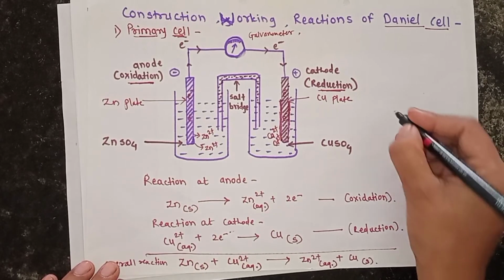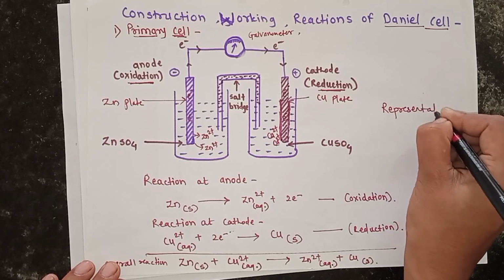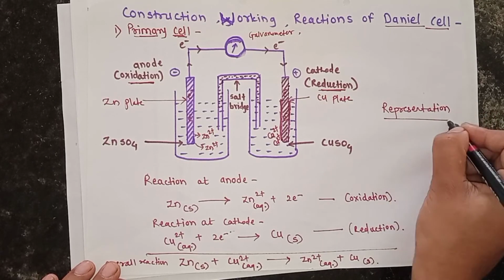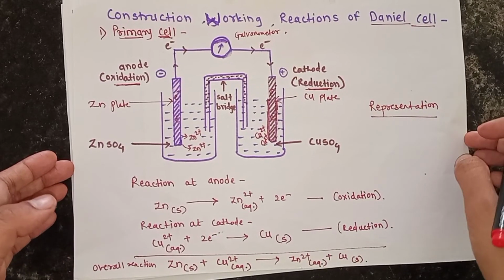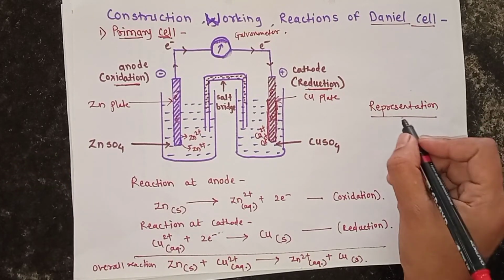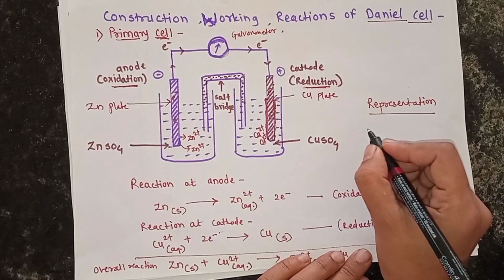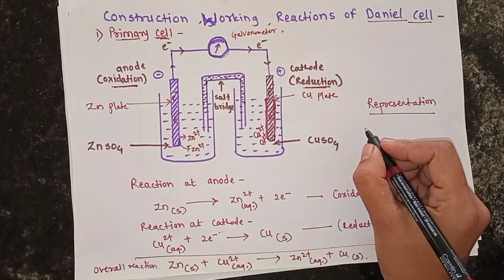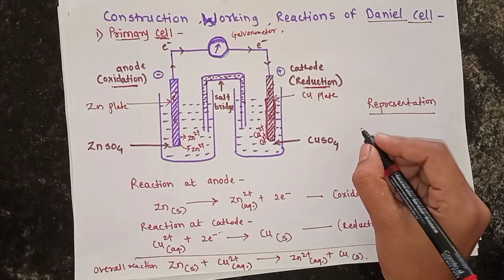Next we see the representation of the Daniell cell. The representation is denoted by using the rules of representation. Okay, the anode is written on the left side.